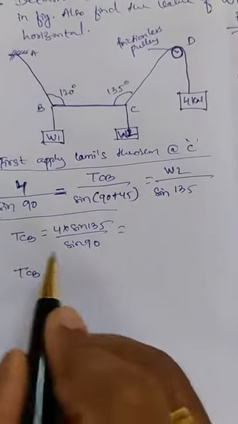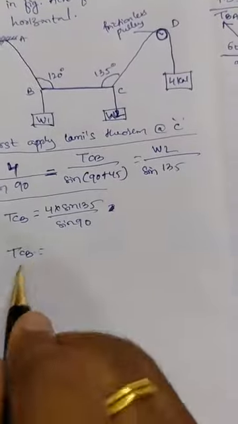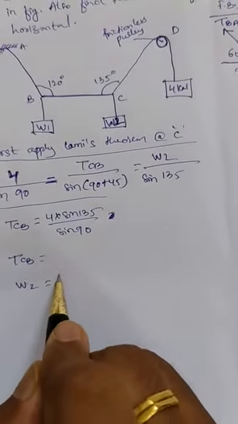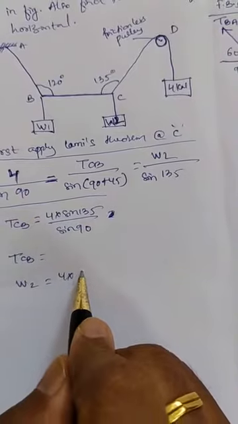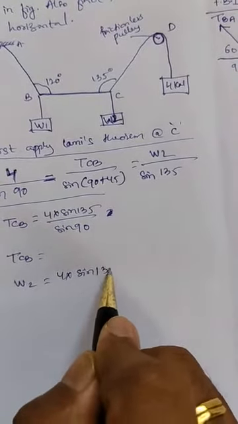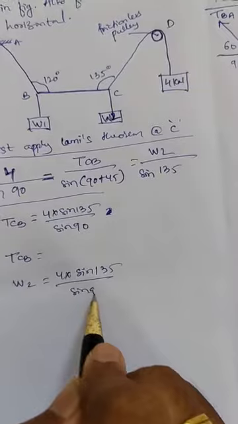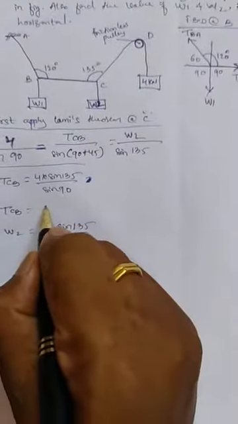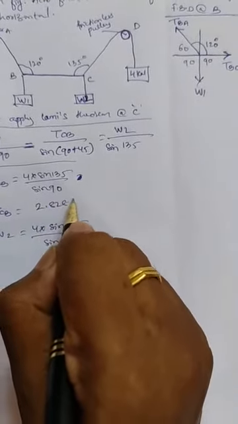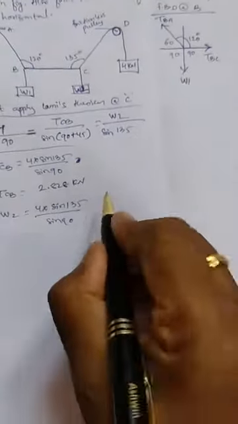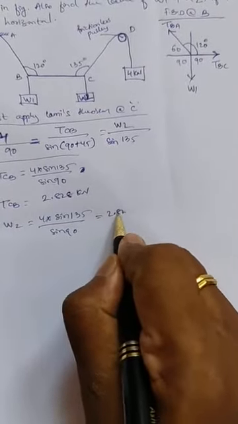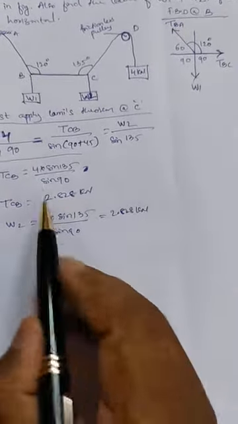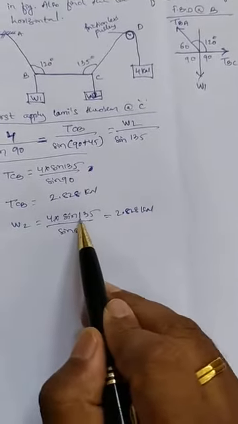Similarly, to calculate W2, it is 4 into sine of 135 divided by sine 90. Work it out and you will get 2.828 kilonewton. Similarly, this also is 2.828 kilonewton, because it is 4 into sine 135 by sine 90. This is the answer.